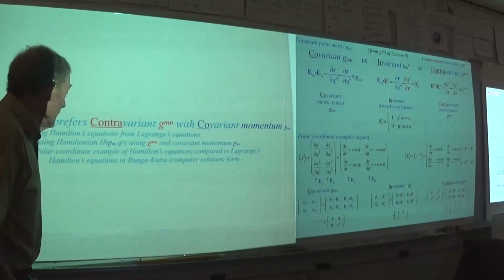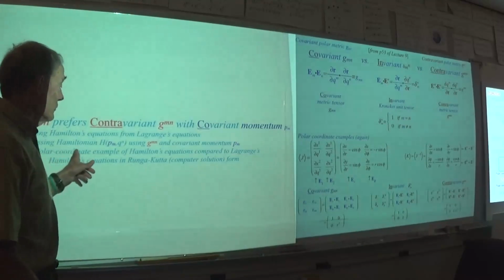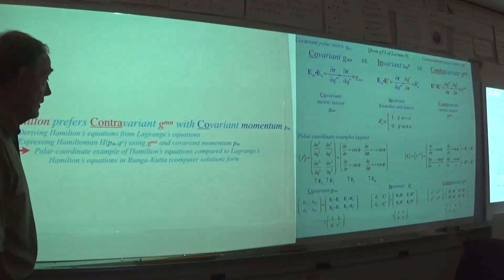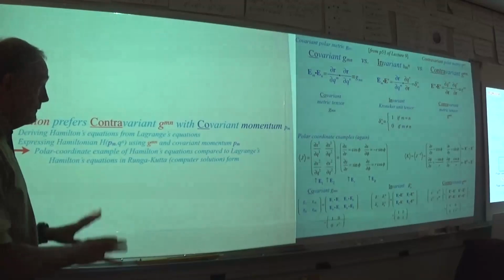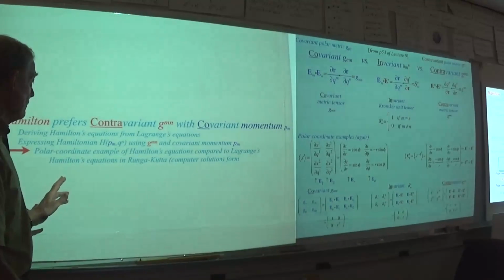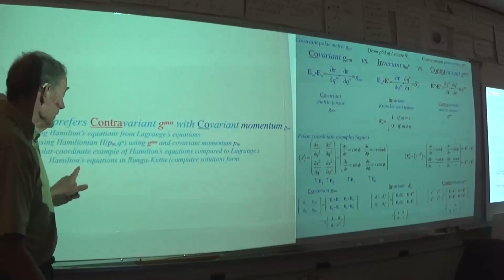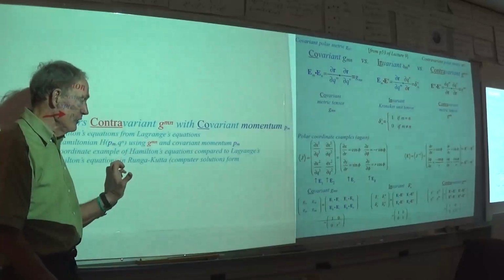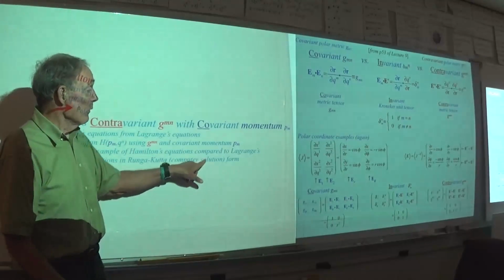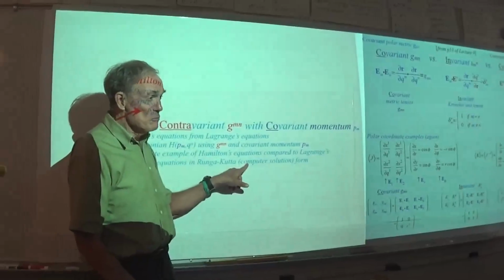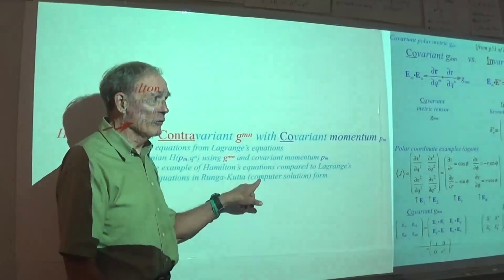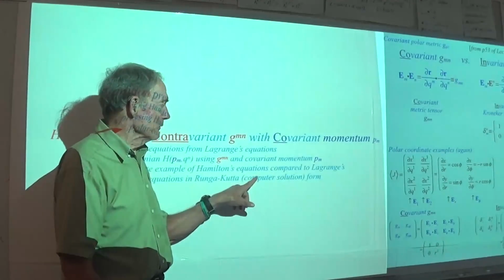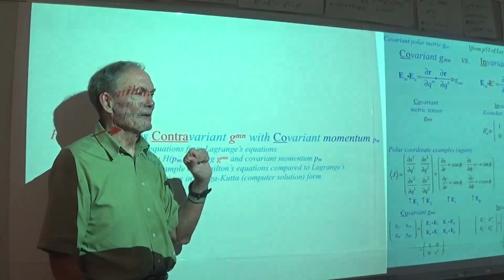Now, the main point of this is going to be that Hamilton's equations compared to Lagrangians are more complicated, more algebra, even for this simple polar coordinate system. But I'll point out at the end that Hamilton's equations are in a Runge-Kutta formation. That is, they are set up for a workhorse for numerical simulation, which is fourth order RK. Runge-Kutta. Okay, there's some Indians involved in this, I think.